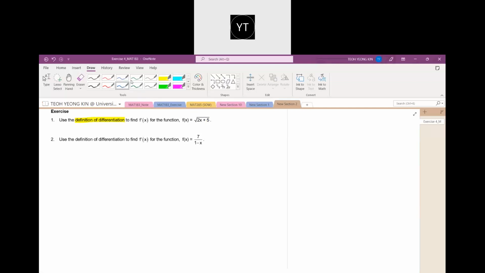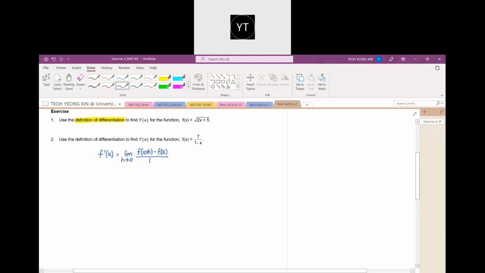What is the formula? So the formula for definition of differentiation is f prime x, meaning after we differentiate, this is equal to the limit when h approaches 0 of f(x plus h) minus f(x), over h.